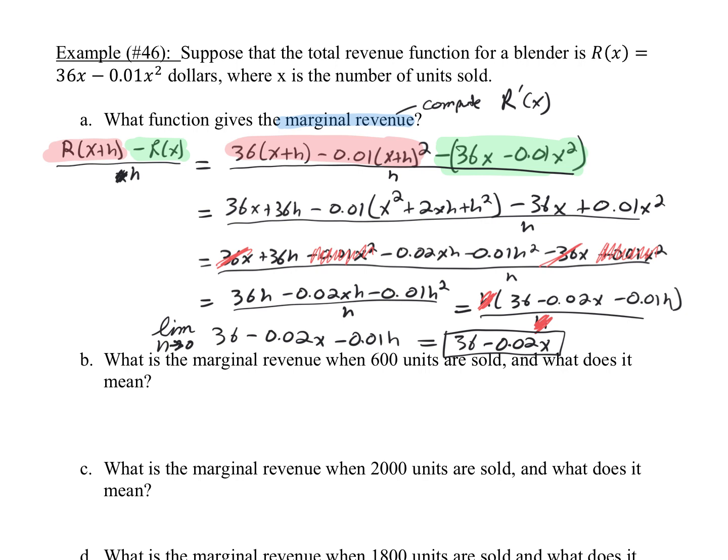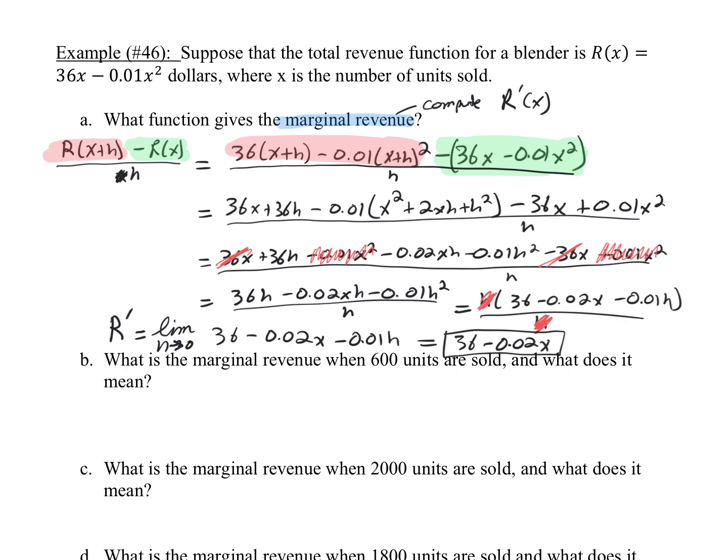I made the same careless error I did last time. I forgot to label this at the beginning. So at this step, as soon as you write down a limit, this is when you can use the r prime notation. My derivative is literally defined to be the limit of the quotient that I just reduced. So I'll use this r prime notation. That's our derivative. Okay, so we've done it.